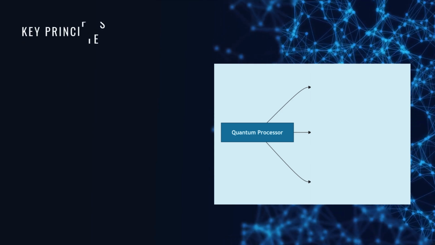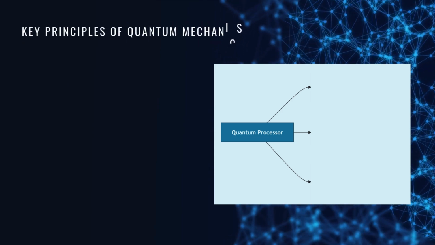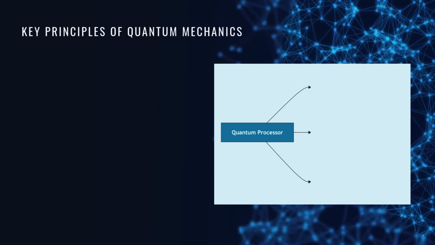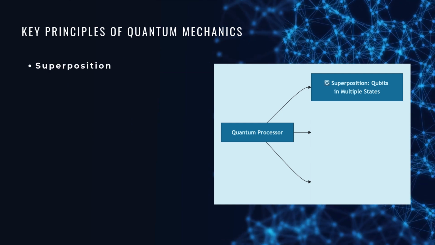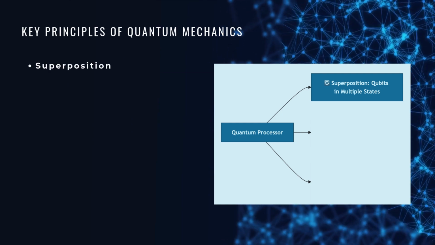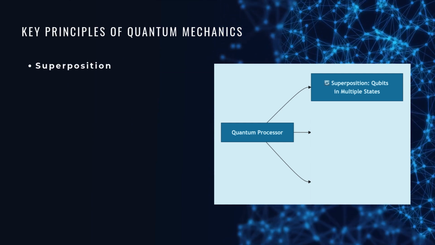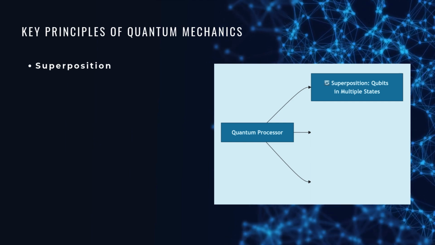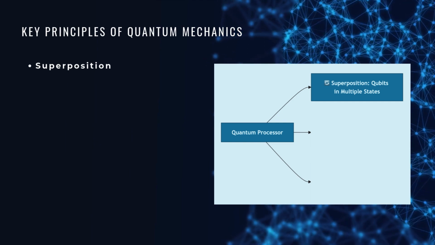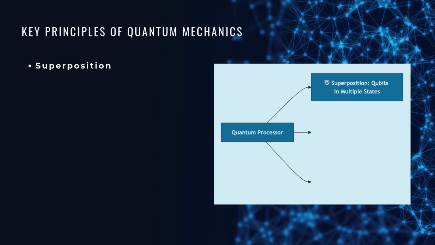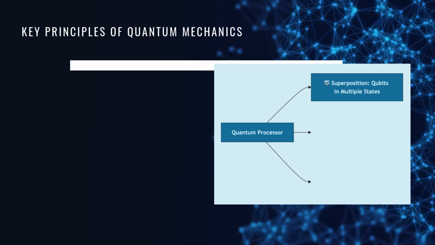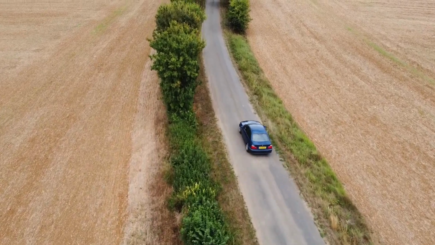Quantum computing relies on three key principles of quantum mechanics. One being superposition. Quantum bits, which are qubits, can be 0, 1, or both at once. Whereas a classical bit, as explained, can be either 0 or 1, right? Let's take this analogy.